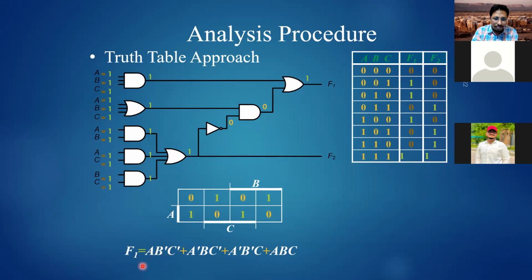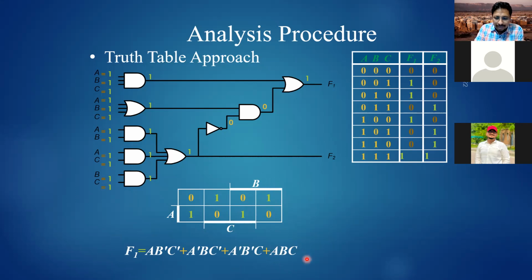Both of them are primed, while A is not primed. Then come to this one: it is A prime because it's 0, and B, then C prime. Then the second one here: A prime, B prime, while C is fixed. Then the last one here represents A, B, and C. So this way, you got the same result.